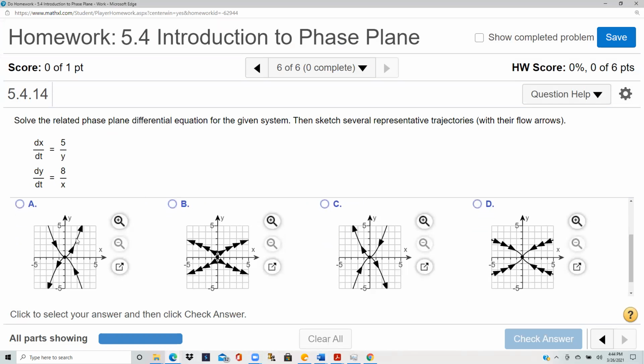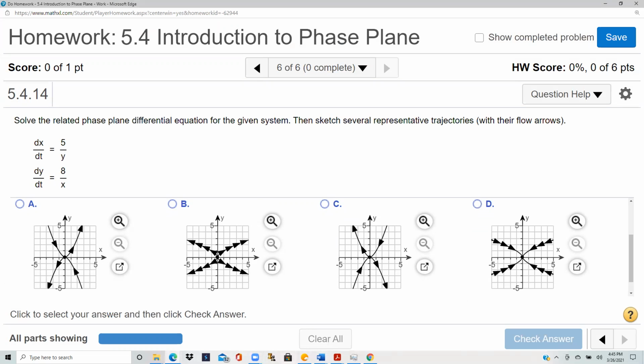And you know that y is equal to x squared looks like this. So it's either going to be this one, A, or it's going to be C, because these are the ones which are like y is equal to x squared. And this one is y is equal to negative x squared.